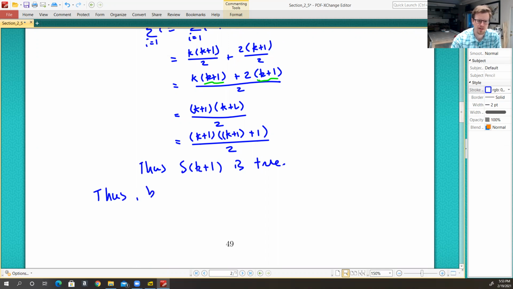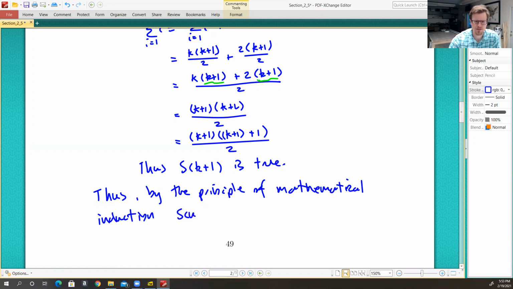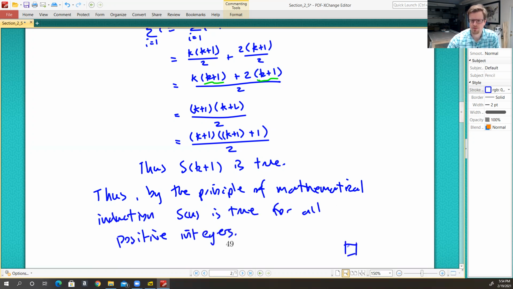So thus, by the principle of mathematical induction, S of n is true for all positive integers, is what we're interested in here. And I indicate the end of my proof with a square that's been filled in.